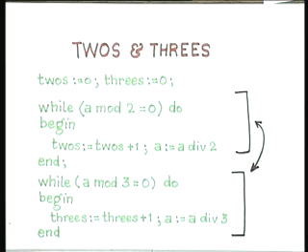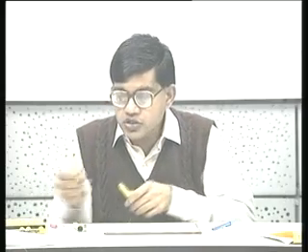But there is also another equally viable alternative in which I do not care to first find the number of times 2 divides the number and then the number of times 3 divides the number. After all, the two things are really quite independent.